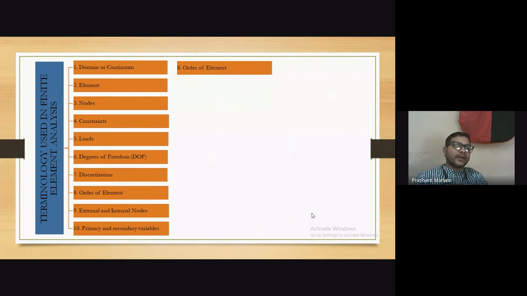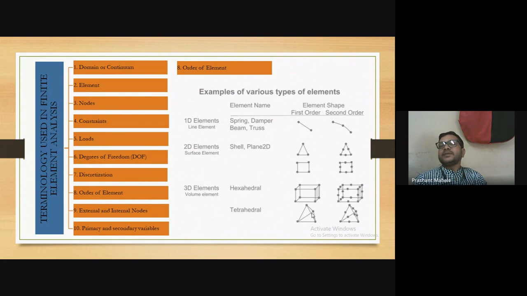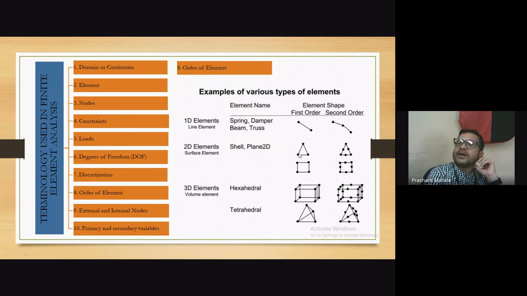For order, we will have this diagram to understand the first order and second order element. Can you see? I am showing this diagram again, third time. And now, the third time, you have to look at this diagram from some other perspective. Getting my point? Okay.